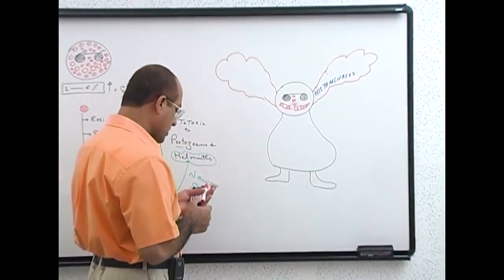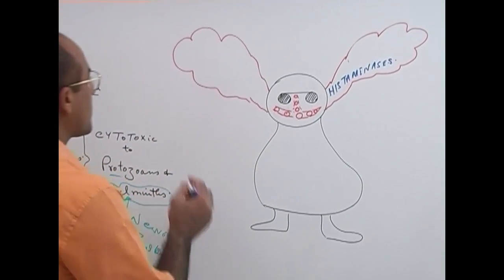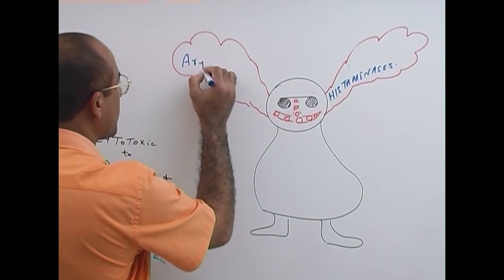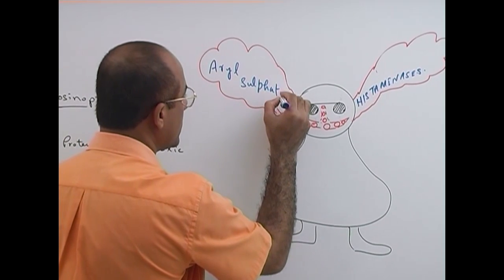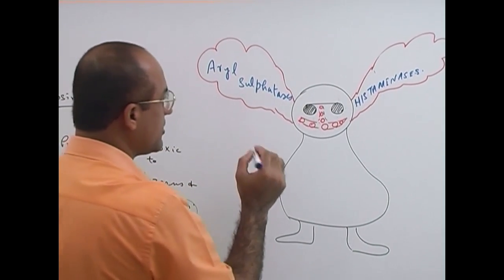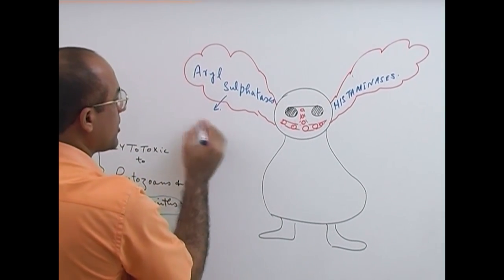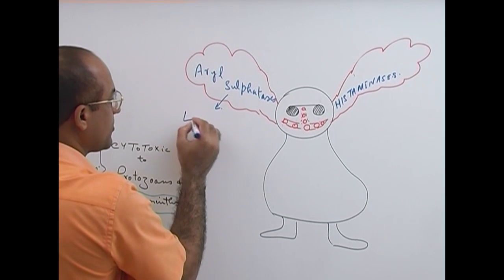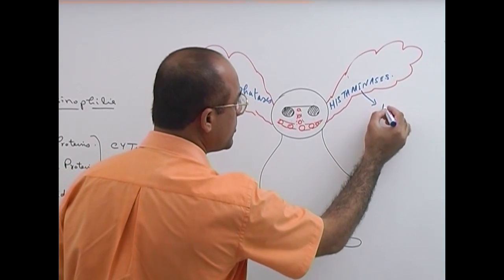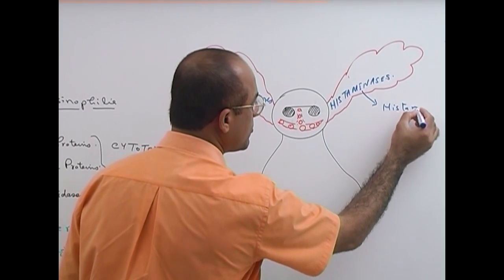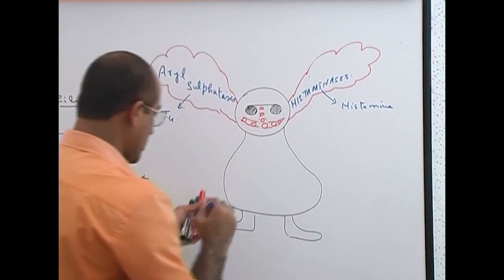Secondly, they produce one more substance, and that is called arylsulphatases. Arylsulphatases actually break down leukotrienes, and histaminases break down histamine. Right?